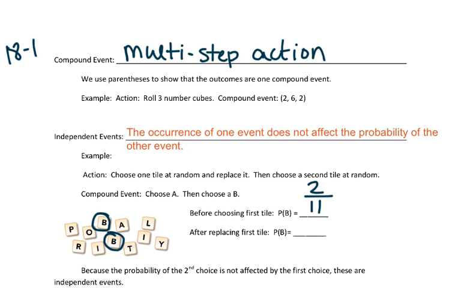If you choose an A first, then put the A back, the probability of choosing a B after you put the A back still remains 2/11. If I had not replaced the A, that would change the probability of picking the B. So because the probability of the second choice is not affected by the first choice, these are independent events.